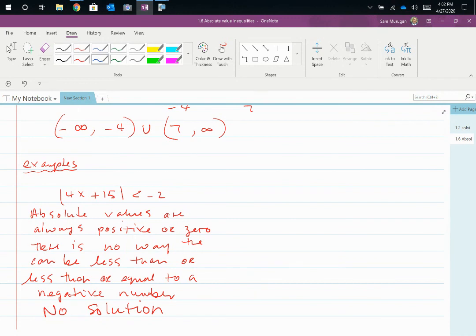And if we have a case where, let's see if I can come up with a good example here. This is absolute value of 2x minus 9 is greater than or equal to negative 8.